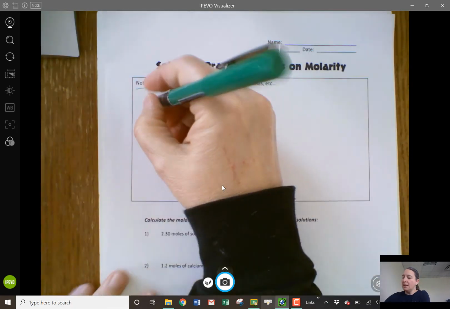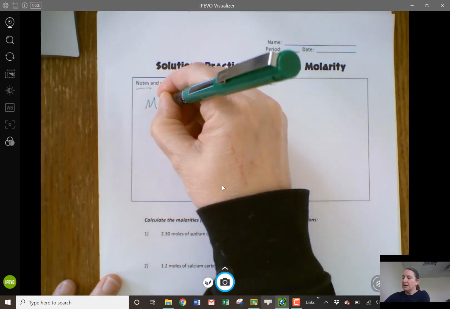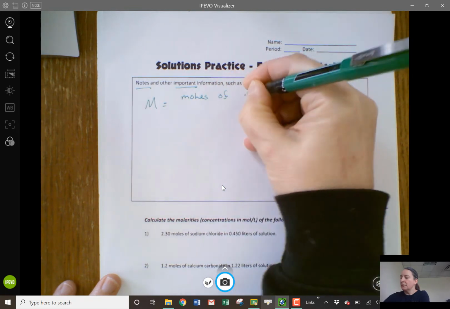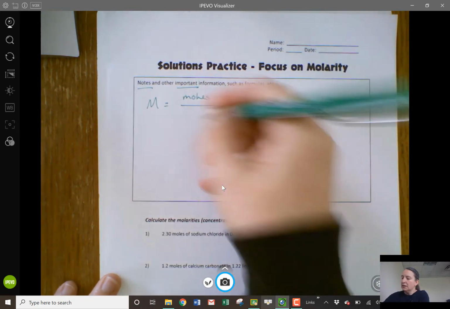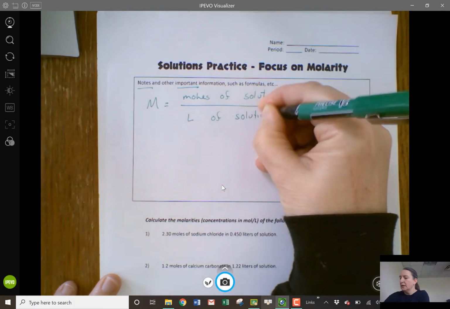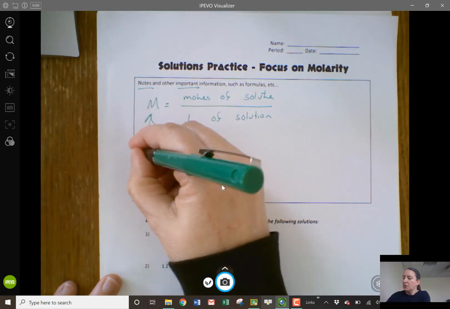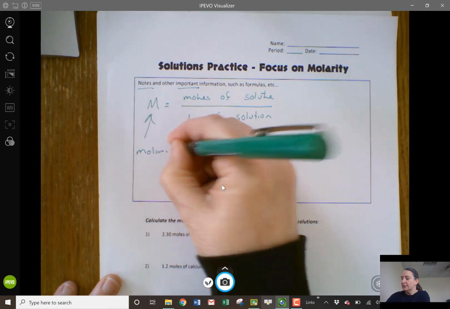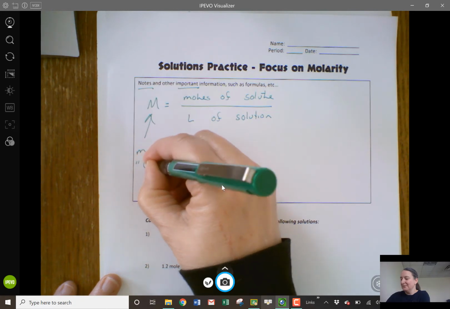So for example, M stands for molarity, and molarity is equal to moles of solute per liter of solution. M stands for molarity, which is also the same thing as concentration.